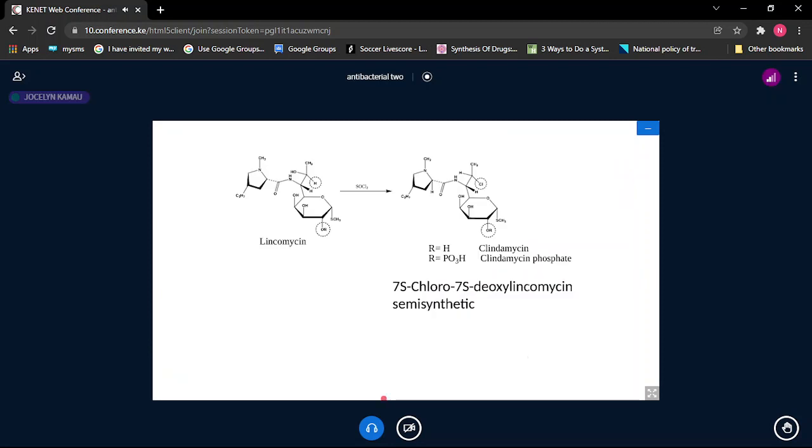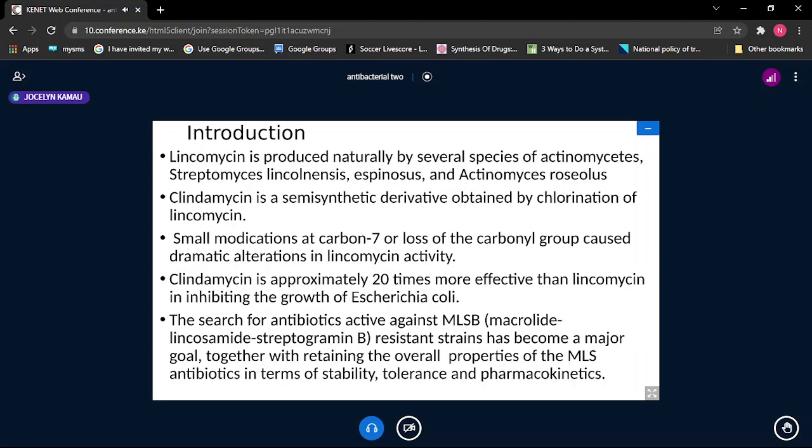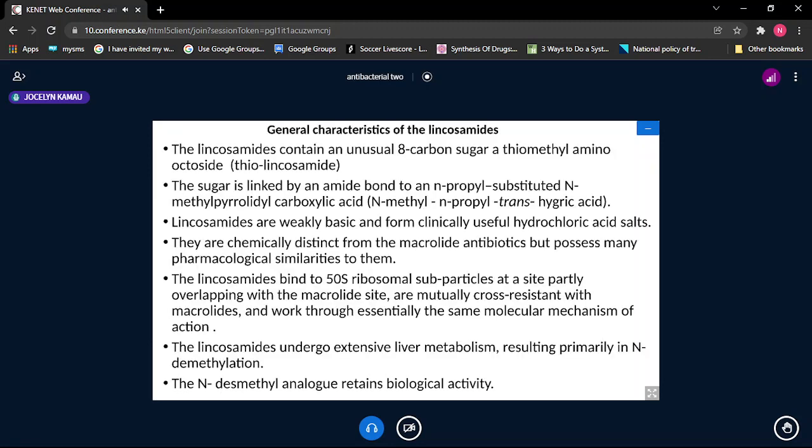We are saying that the orientation of these groups, carbons 1, 2, 3, 4, 5, is very, very important. All that we are saying is that the stereochemistry of the groups attached to the octoside sugar is very, very important for maintenance of biological activity.